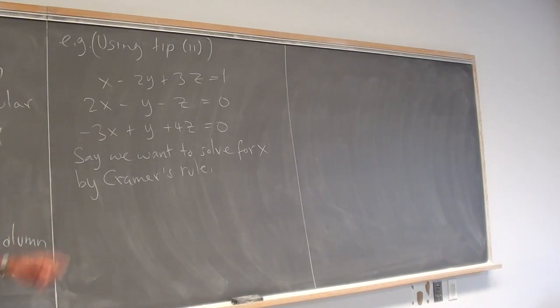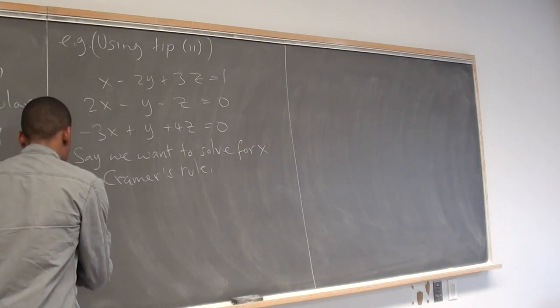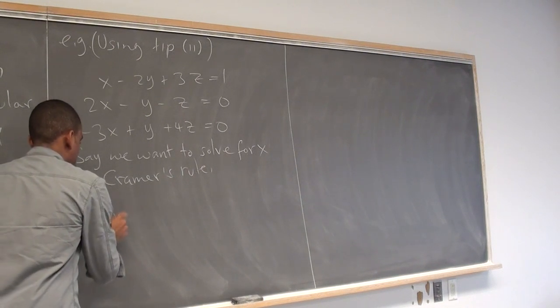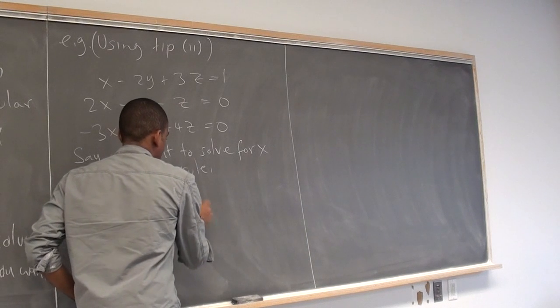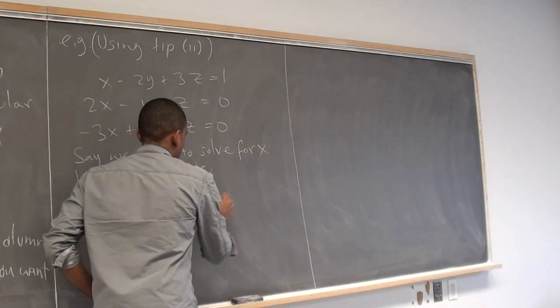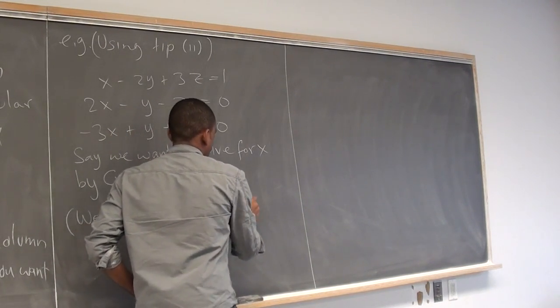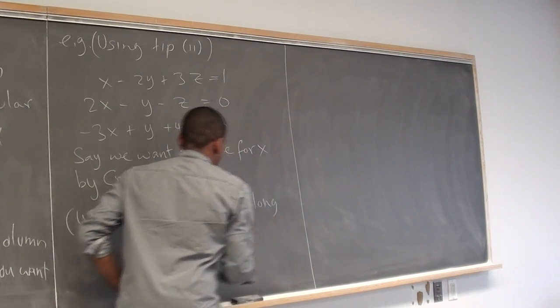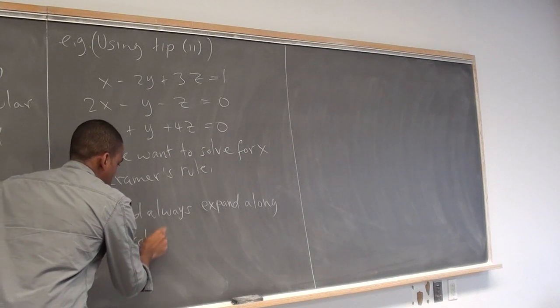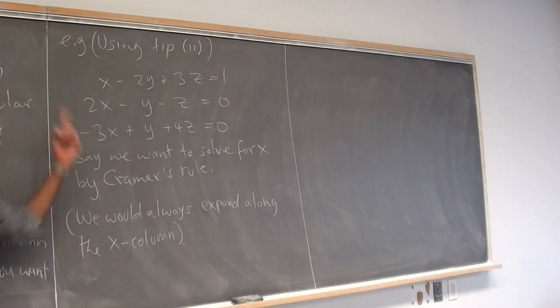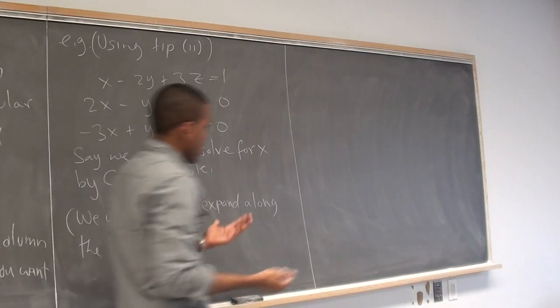Right? So let's say we want to solve for x. Applying the second tip means we'll always expand along the x column because that's the column for x.